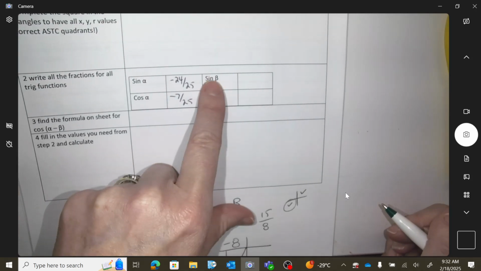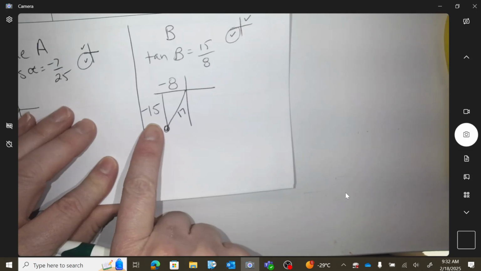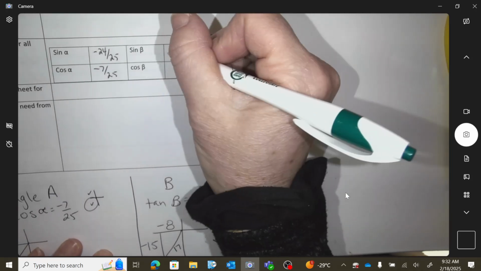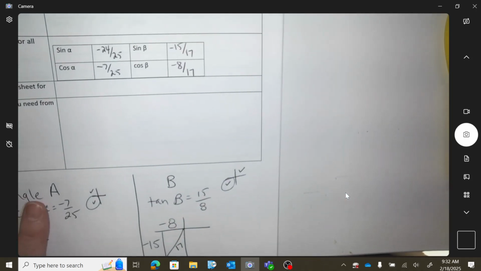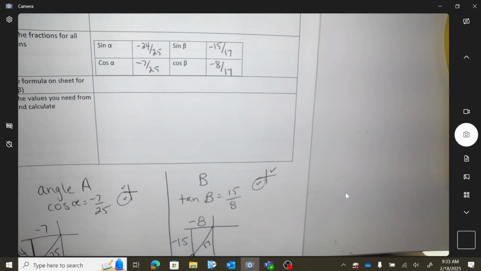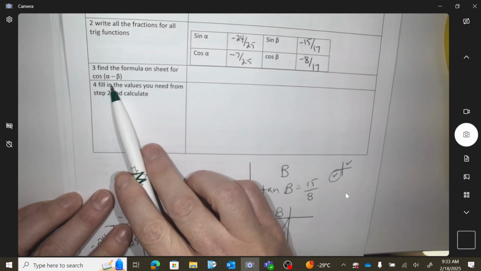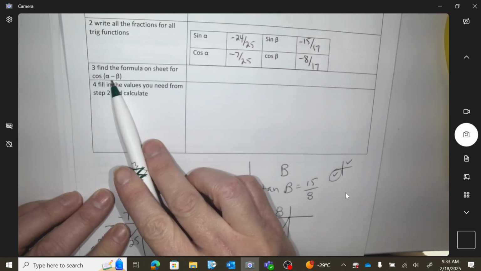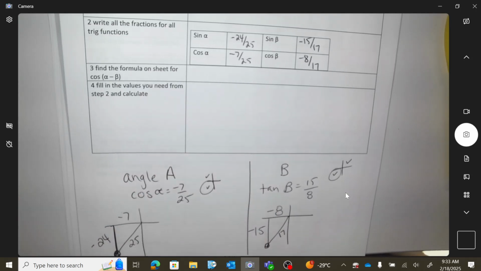What do I know about angle B? So sine is the YR, XR. So here's my question. Figure out the cos value if you were to subtract A and B. So subtracting angle A and B makes a new angle.